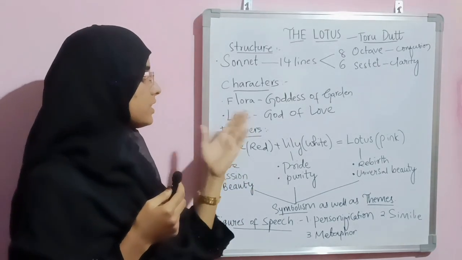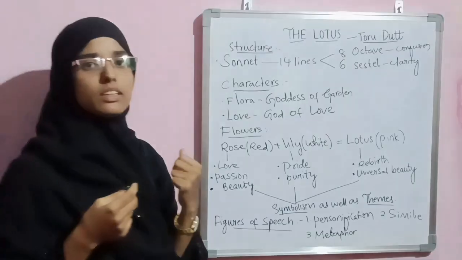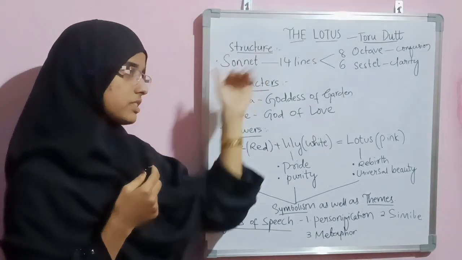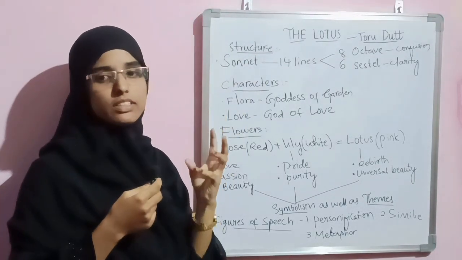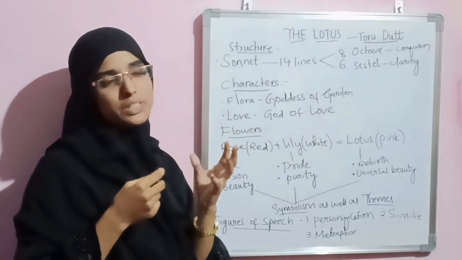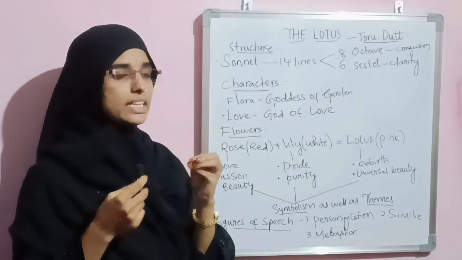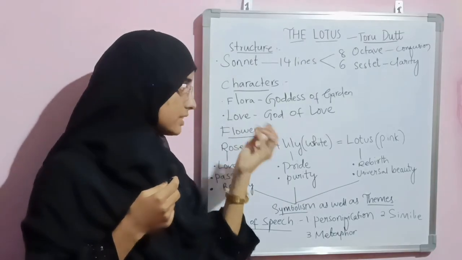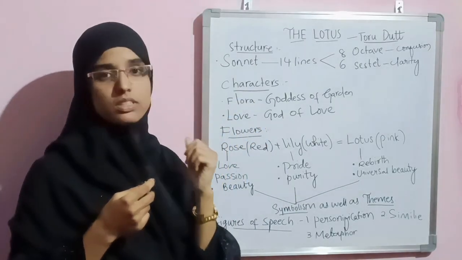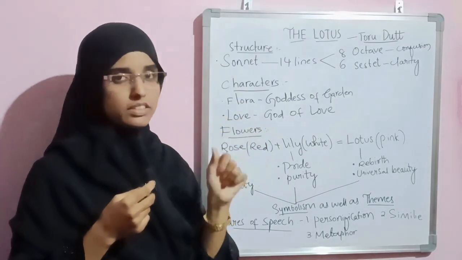In the first 8 lines, Love wants to know the answer to which is the prettiest flower in the garden. So he decided to go and visit Flora and asked which is the prettiest flower in the garden.